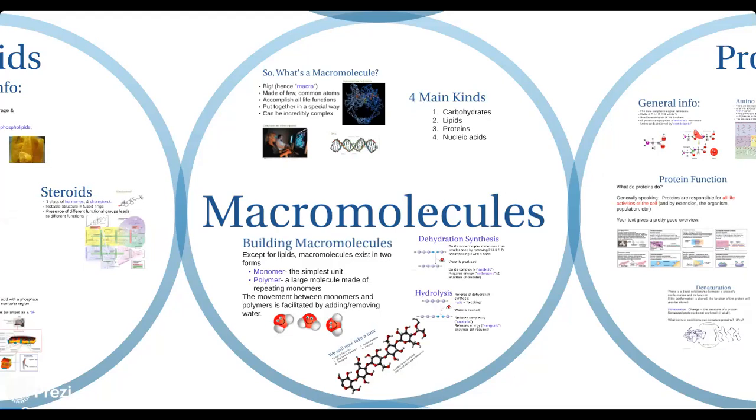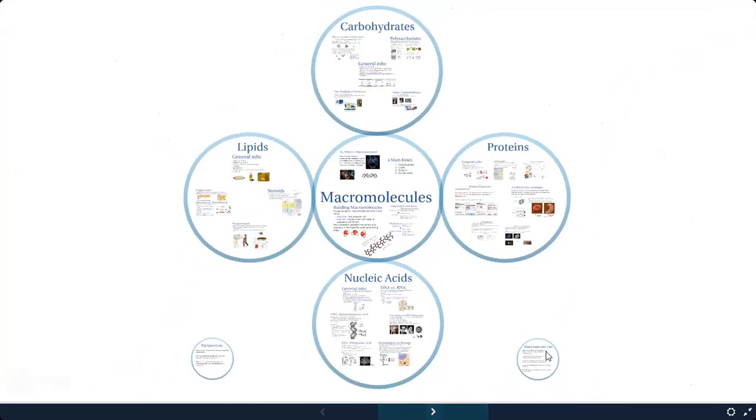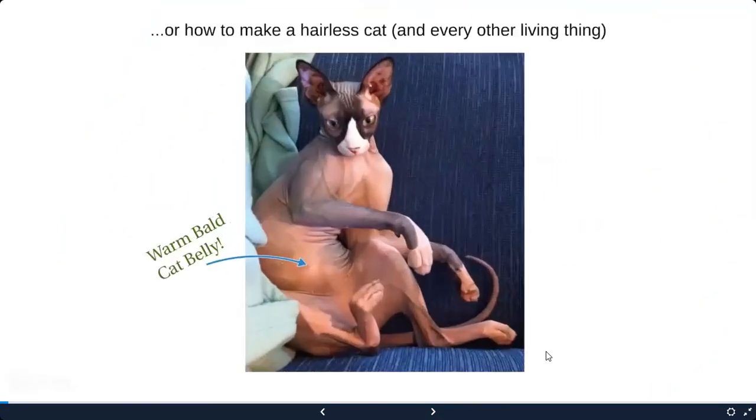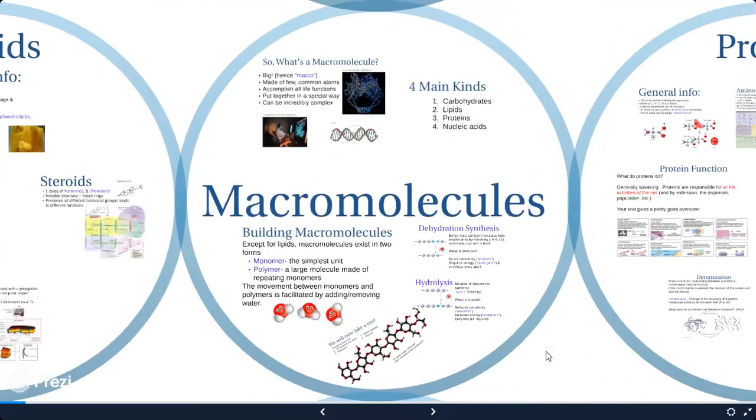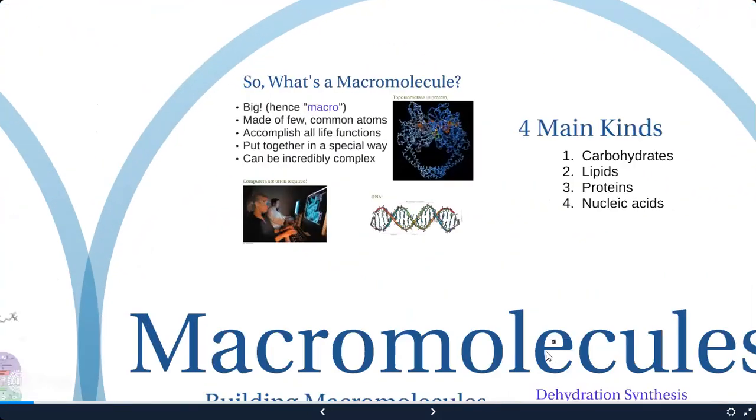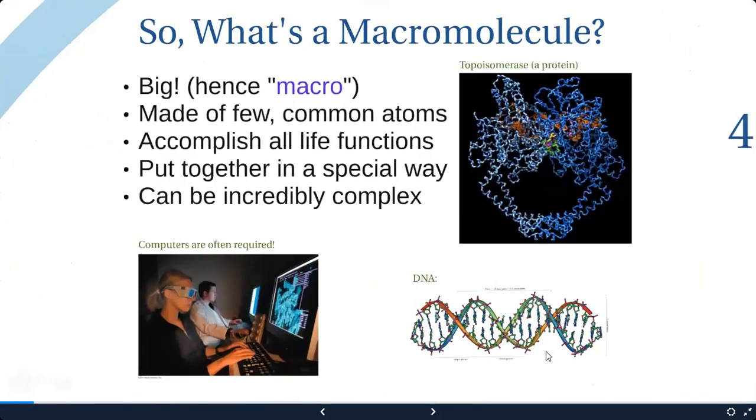But basically, there are 4 classes of macromolecules. They are carbs, lipids, proteins, and nucleic acids. Okay, 4 main kinds. We call it a macromolecule because it's big, macro, instead of micro.